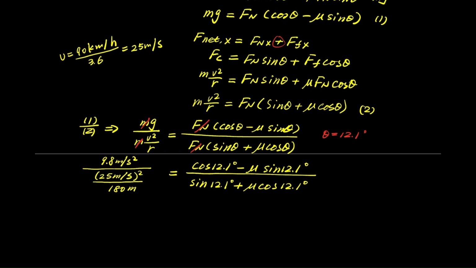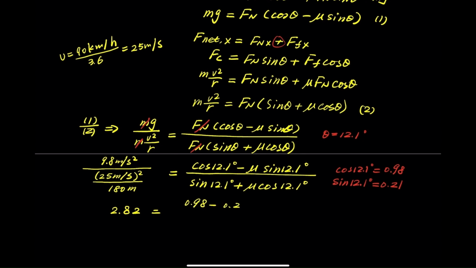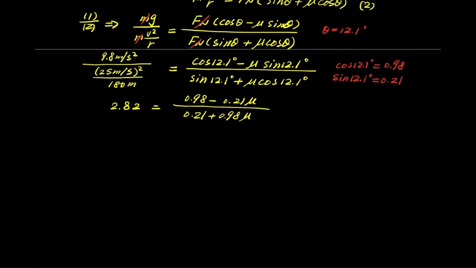The calculation of this left side works out to 2.82. It equals, on the right side, cosine 12.1 degrees is 0.98 and sine 12.1 degrees is 0.21. So we have 0.98 minus 0.21 mu, divided by 0.21 plus 0.98 mu.